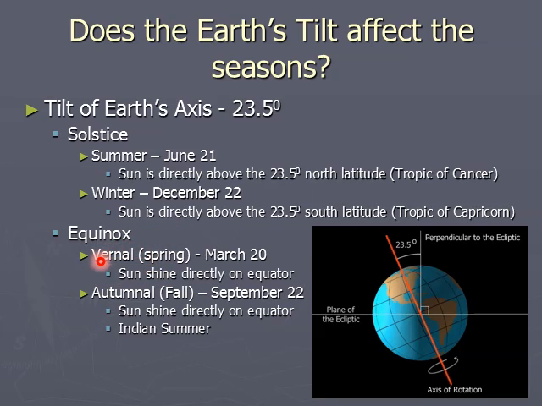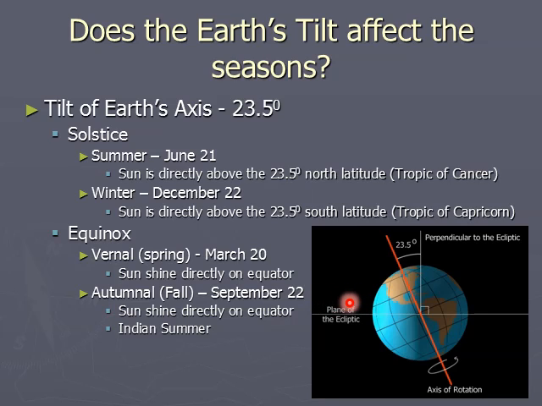You have the spring equinox, or the vernal equinox, on March 20th. The sun shines directly over the equator. And then you have the autumnal equinox. Again, the sun shines directly over the equator. As the Earth goes around the sun, its axis always points in the same direction. So when it's summertime, the sun is here, points here.